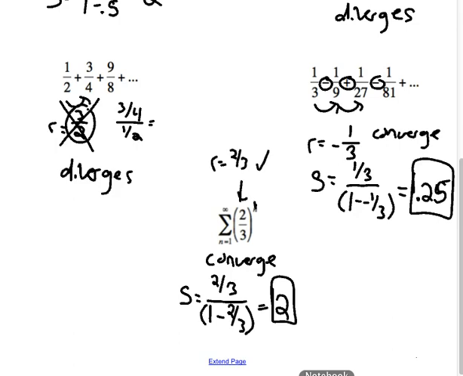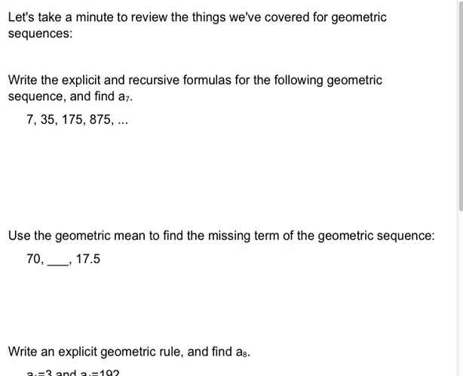All right, so now that we've talked about that, I do want to take a moment to just review everything we've done with geometric sequences, okay? Because this is the end of the chapter, and we need to make sure that we're ready for that chapter test. So let's go back and review everything that we've done. Recursive and explicit formulas.